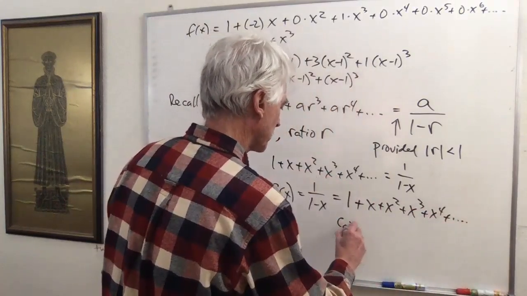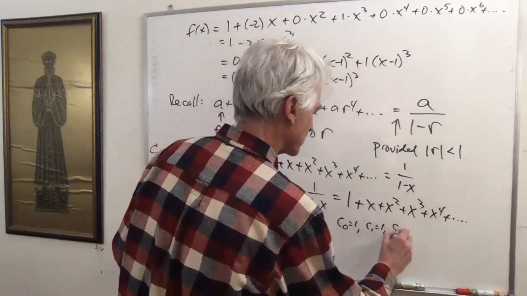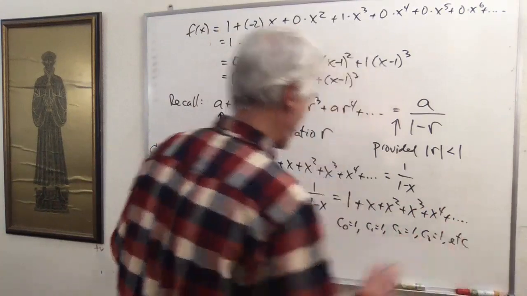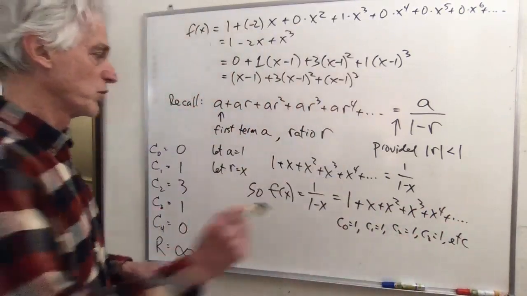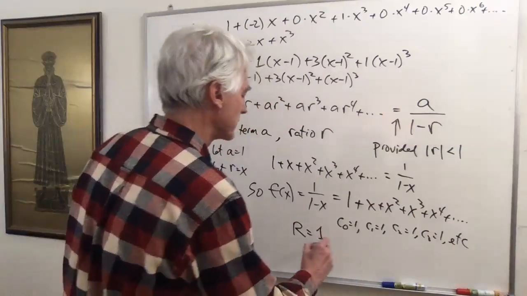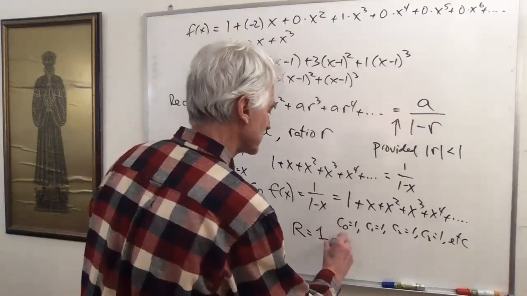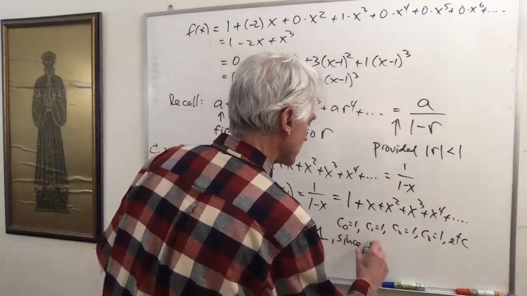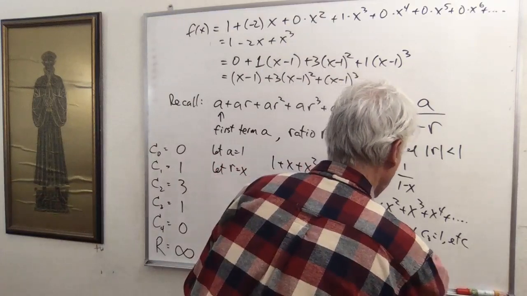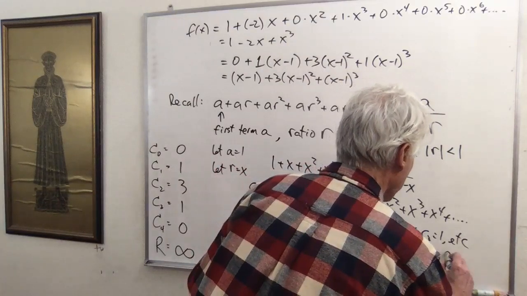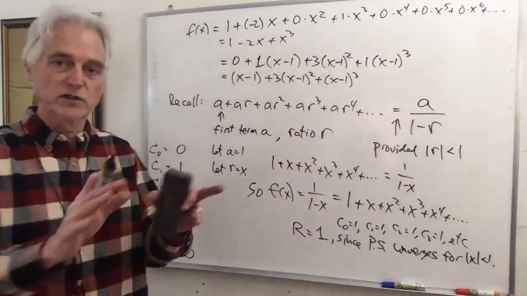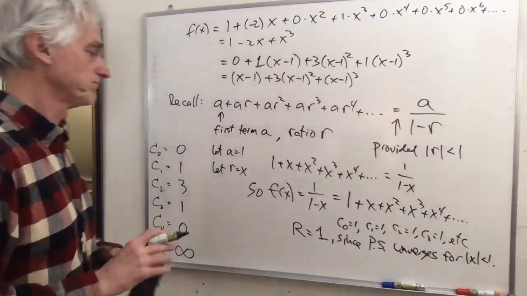I have c0 is 1, c1 is 1, c2 is 1, c3 is 1, etc. And the radius of convergence R is 1, because this power series converges for absolute value of x less than 1, and it diverges if absolute value of x is bigger than 1, okay?